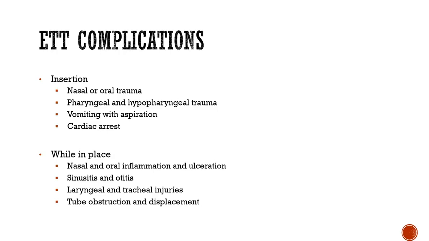They can get sinusitis and otitis if it's a nasal advanced airway, and then obviously laryngeal and tracheal injuries, and then tube obstructions and displacement. So those plug offs and accidentally getting pulled out, or patients self-extubating, things like that.